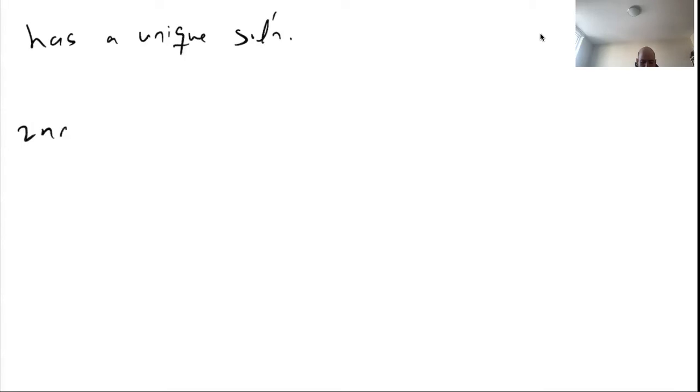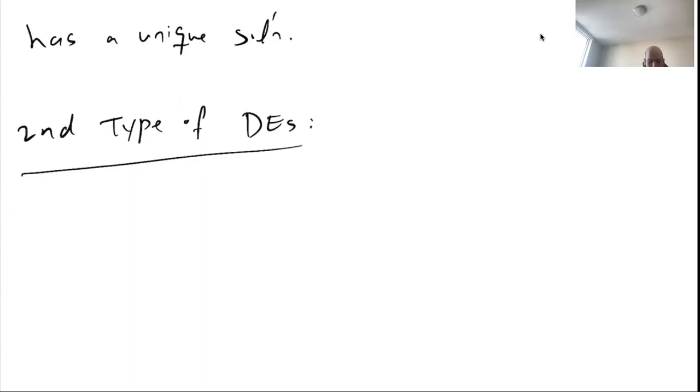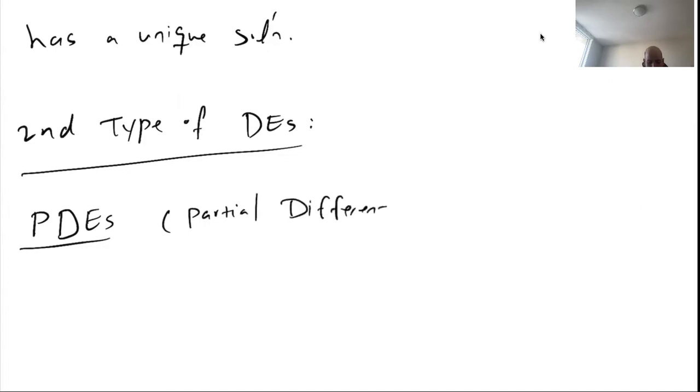So the second type of differential equations, PDEs, or partial differential equations.